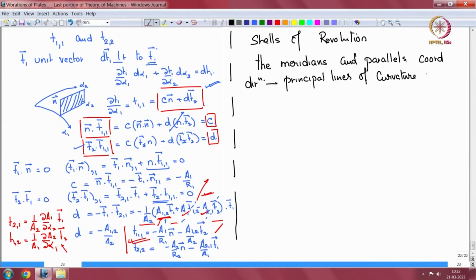And therefore M is 0. Okay. For example, we have seen it for a cylinder.